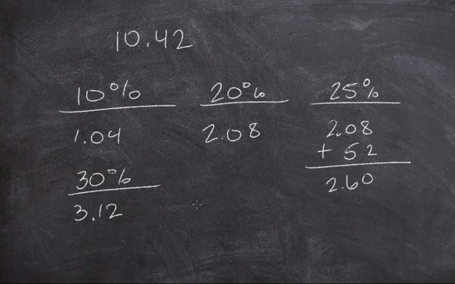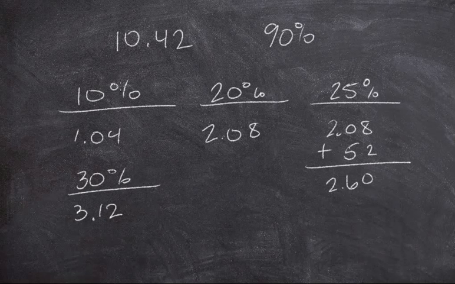Now, something else that you can do is, let's say this is going to be a 90% off sale. I could find 10% and multiply that by 9, but that ends up getting kind of difficult. So what I would say is, if the number is above 50%, instead of calculating how much of a discount you get, calculate how much you're going to end up paying.